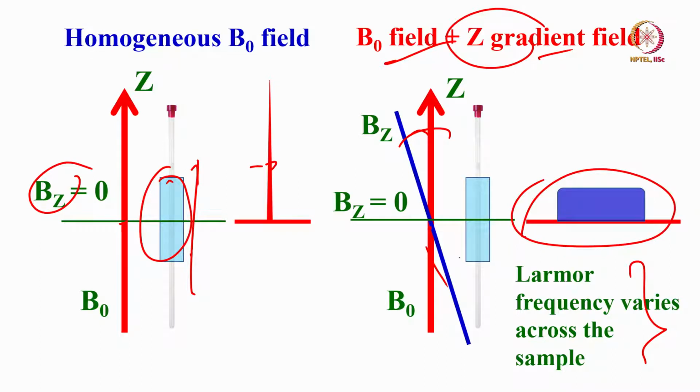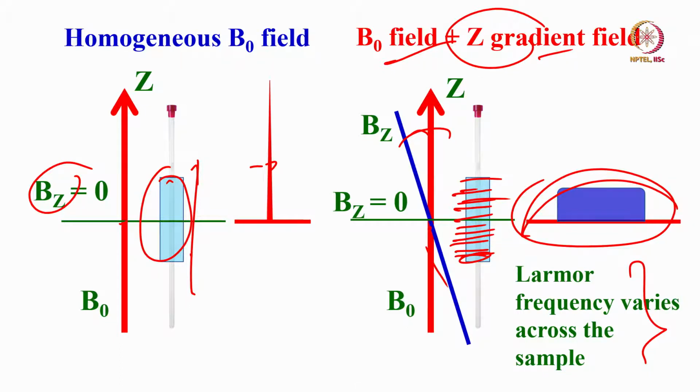You can consider there are thin slices of the sample here. Within a slice the spins have the same frequency, but from slice to slice the precessional frequencies are different. As a consequence, you are going to get an unresolved number of precessional frequencies, which form a broad hump like this.